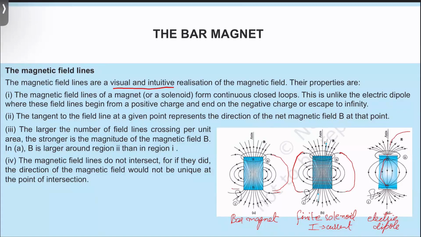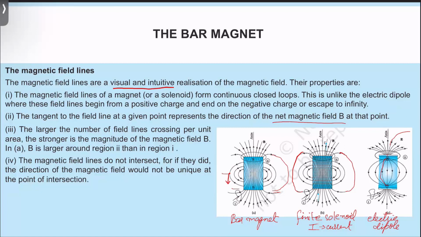And for a magnetic field, the tangent to the field line at any given point represents the direction of the net magnetic field at that point. Suppose this is your magnetic field loop. If you take this point and draw a tangent, this is going to be your net magnetic field at that point.